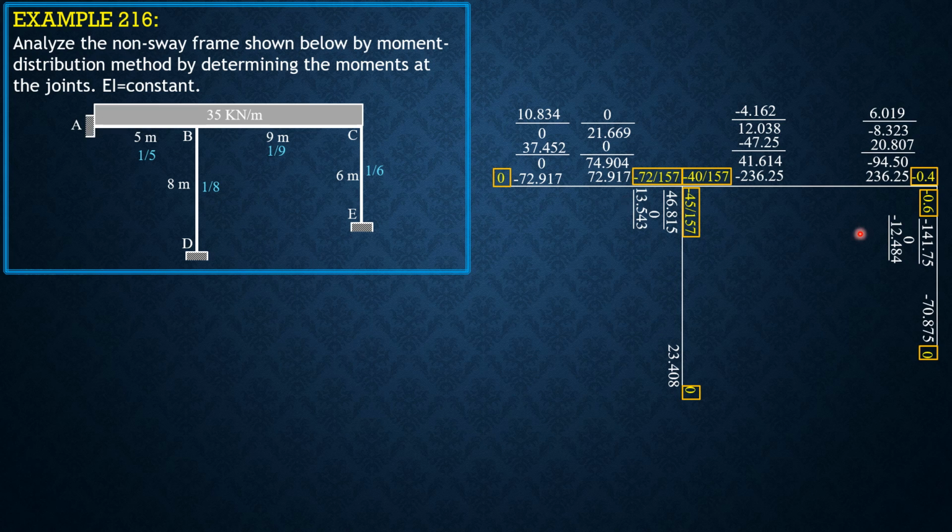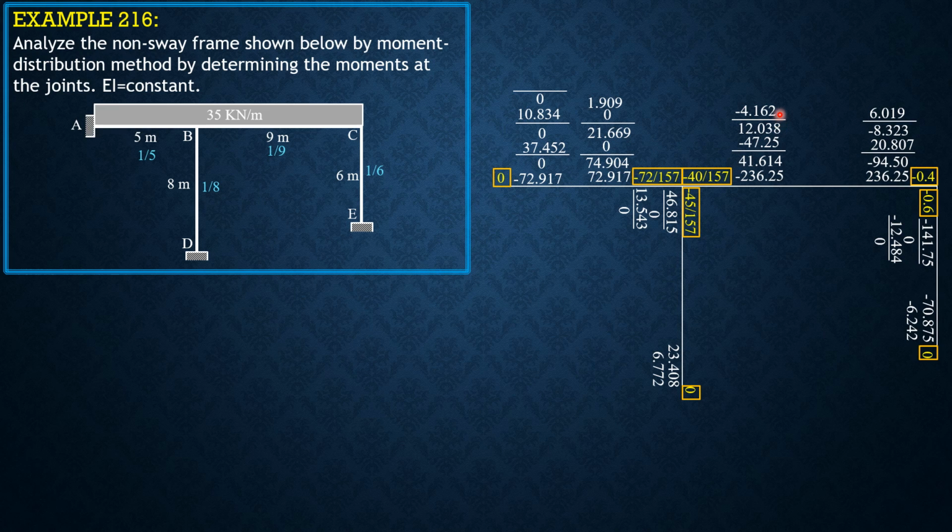Then half of 13.543 here. Distributed moment is 0, so half of negative 12.484 is negative 6.242. Then here 0, then half of 13.543, put the value here, 6.772. Then distribute 10.834 times 0, it's 0, lock.